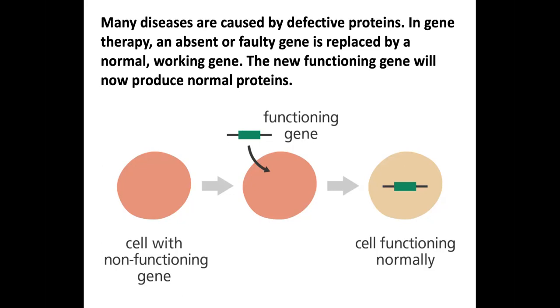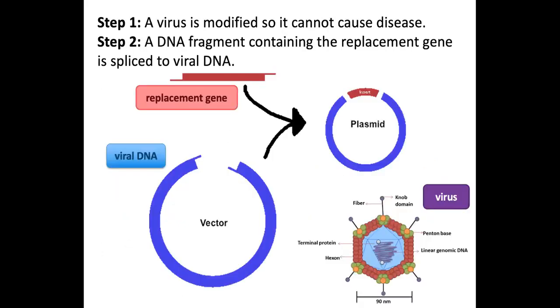Okay, so here's our cell with our non-functioning gene. We put in a functioning gene, and now the hope is that this cell will function normally. A virus is modified so that it cannot cause disease, and then a DNA fragment containing the replacement gene is spliced to viral DNA.